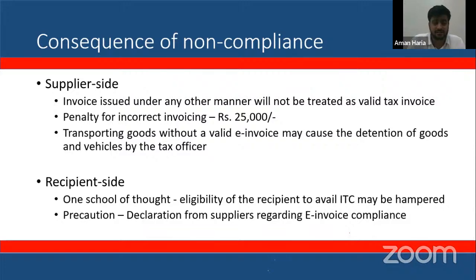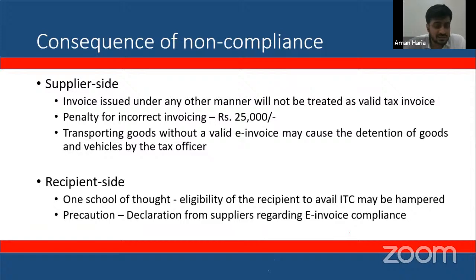considering the supplier side. What about the recipient? One school of thought says that since the invoice issued by the supplier is not an e-invoice, is not a tax invoice, sorry, it is not a valid tax invoice, hence the ITC on that invoice may also not be eligible. So it could be a double whammy.